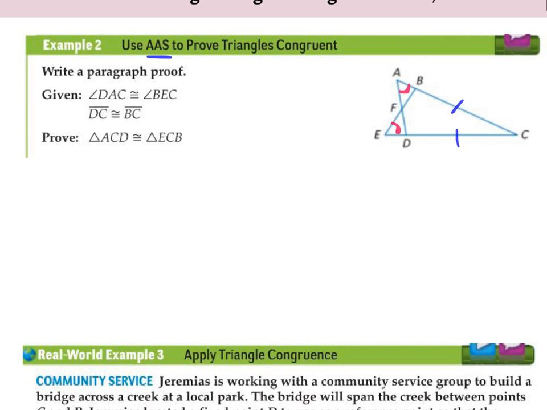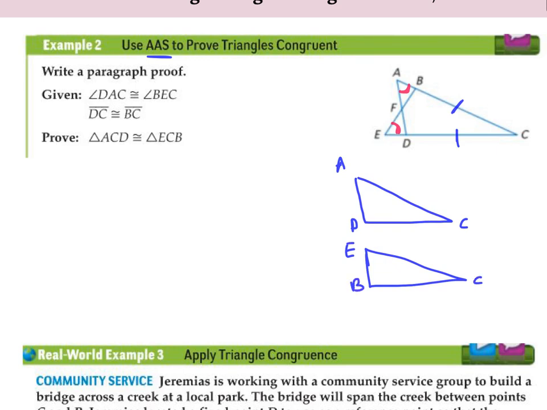Okay, so if I'm looking at my triangles with them overlapping, it might be a little difficult to see. So let's make a drawing of them separated. Okay, so we have A, C, D, and then we also have E, B, C. Okay, so we were told A and E are congruent, and then BC and DC are congruent.